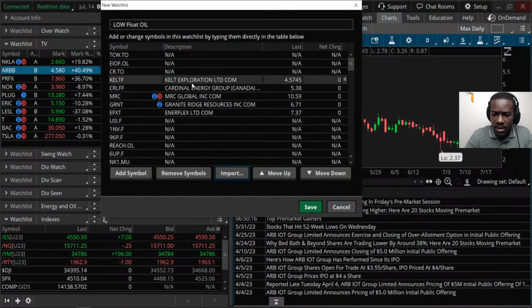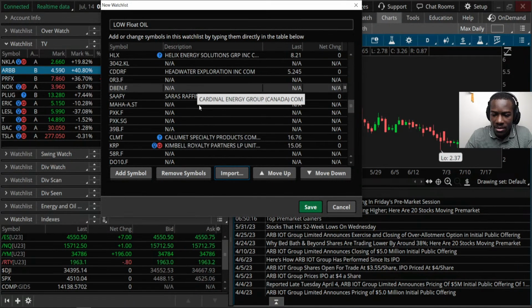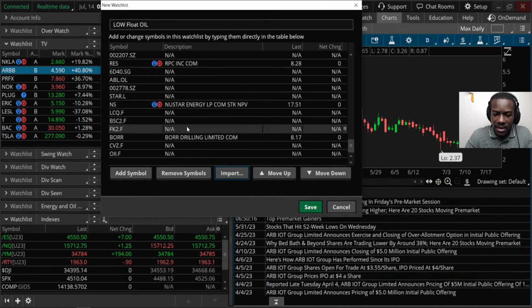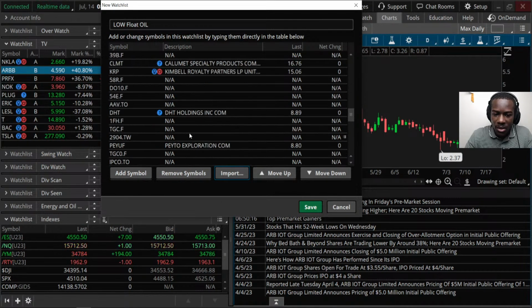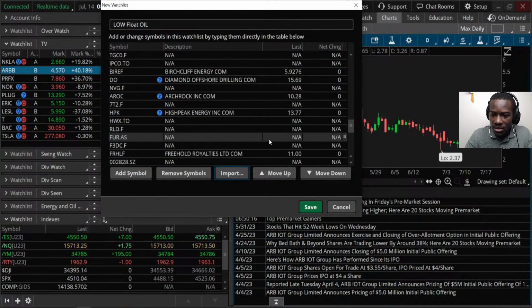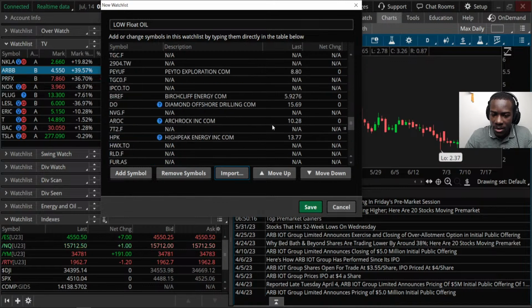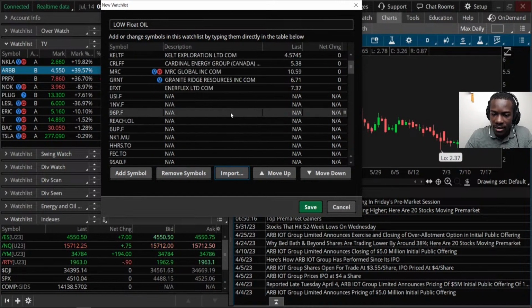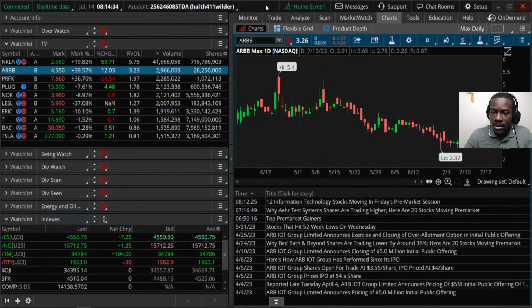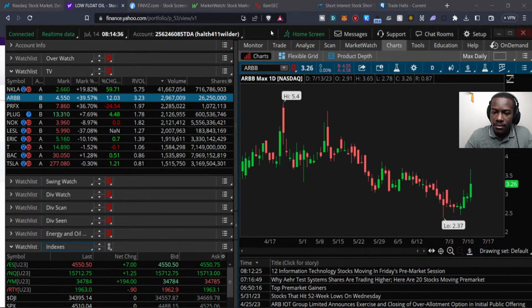Let's see. Yep, it got all of them. So that is the watch list in TOS. And then once you get it in this watch list, you can actually build a scanner for this watch list. But I want to get all of them in the Excel to bring all of them over so I don't have to bring 100 at a time. Anyway, that's that. Let's move this back over.